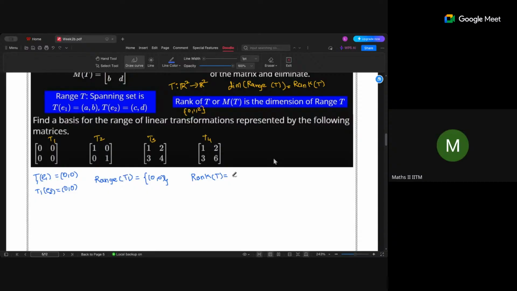For just the origin, the rank is 0. And is there any basis? No, ma'am. Remember, if it is just the origin, there is no basis, because the zero vector alone cannot form a basis since it is not linearly independent.